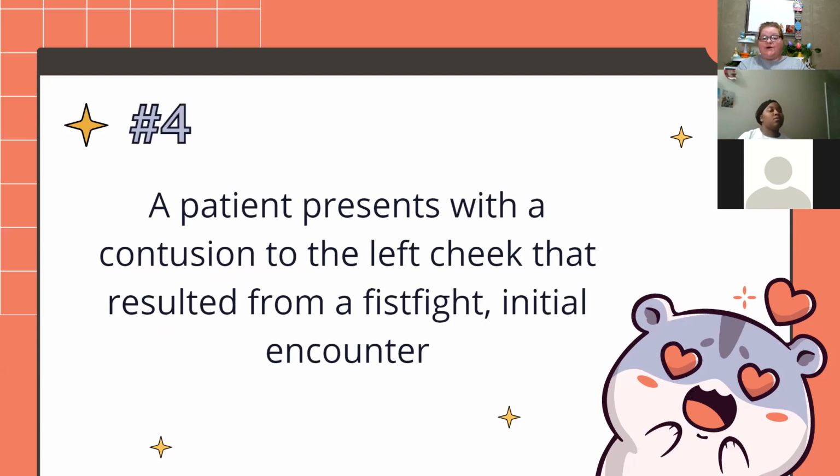So we are actually going to code and let them know that it happened in a fist fight. So we're going to start with the injury, with the contusion. And y'all tell me where we go from there.